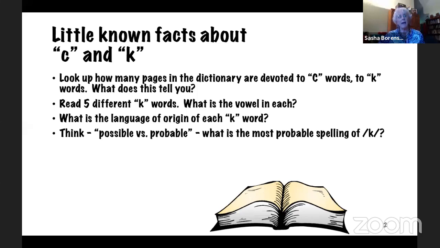And then we have, and these are my favorite, KN words. And I'll tell you why they're my favorite. KN words used to be pronounced knick. That's how you said night. Knick, knee, knave.